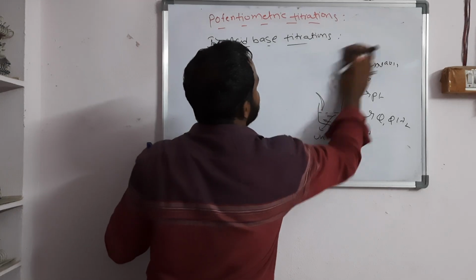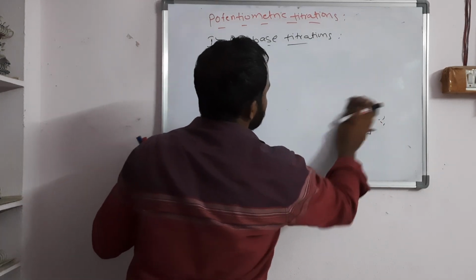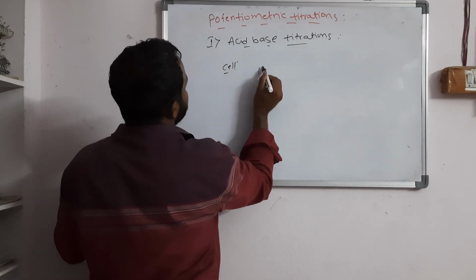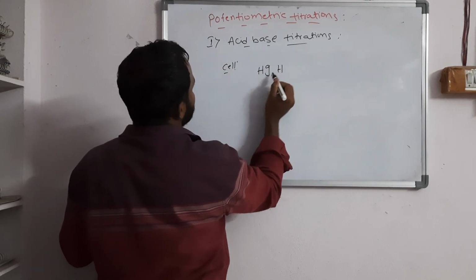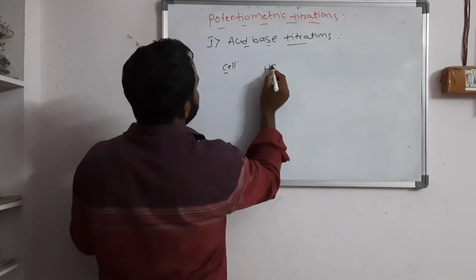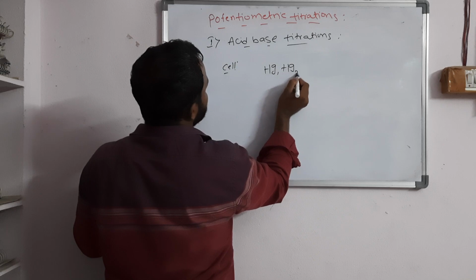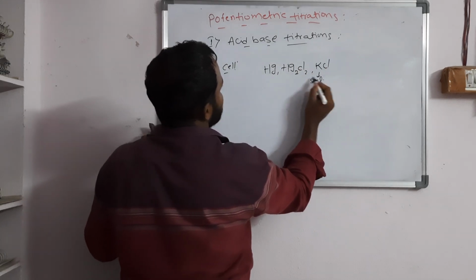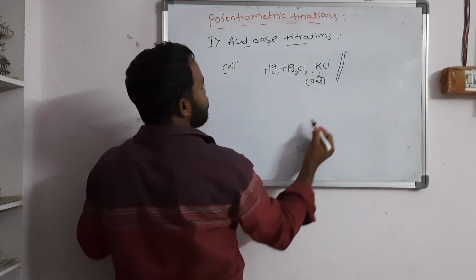Now we should connect the cell. The cell representation is Hg, Hg2Cl2 in saturated KCl, and both are connected with the salt bridge.